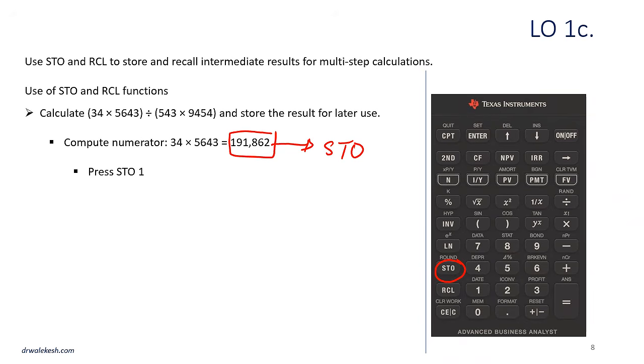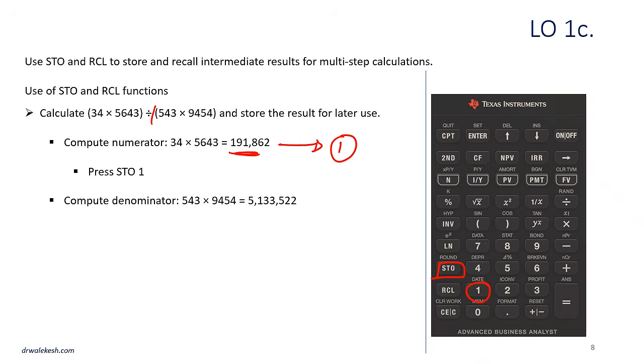We can store this number on any of these numbers here. Imagine we intend to store this number on 1, so we would press STO and 1. So you need to recall that this has been saved on 1 much more later.